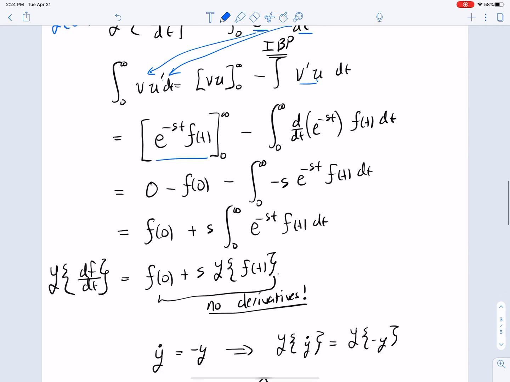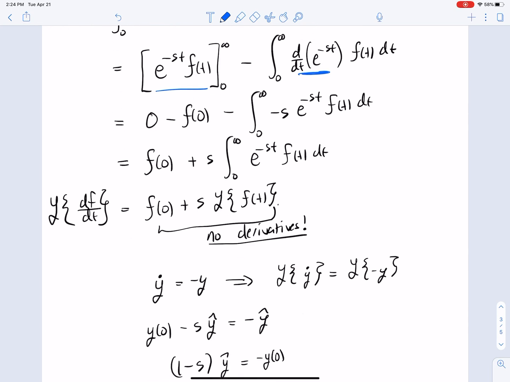All right, so if we evaluate this, well, the first part's going to be 0 minus f evaluated at 0, right, because e to the 0 will be 1, minus, and then here, well, we can actually take that derivative. So that gives me a factor of s. Simplifying, I get minus f of 0 plus s, and then you might recognize that as just being the Laplace transform of f.